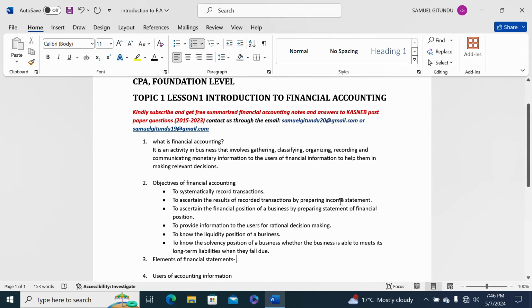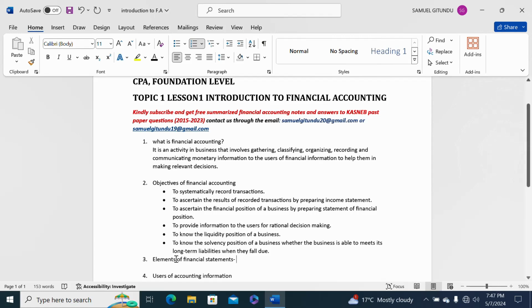The income statement shows the revenue or the incomes of a business and the expenses. The statement of financial position shows the assets, liabilities, and the capital of a business. Those are some of the financial statements.